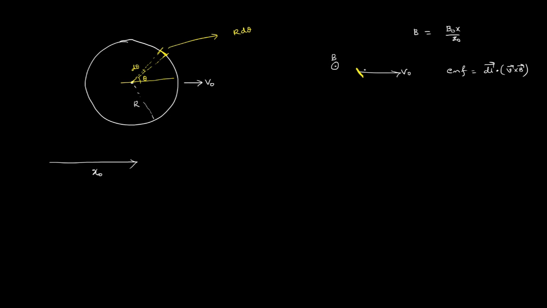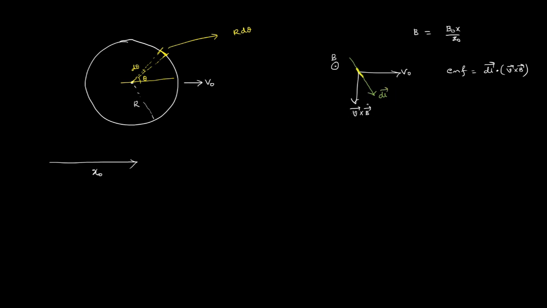Now what is the direction of v bar cross b bar in this case for the elemental part? The v bar cross b bar direction will be downward. But what about the dl direction? The dl direction should be along the length, that means you can take either this direction or upward anyway. So I am taking the downward sense as the dl direction.